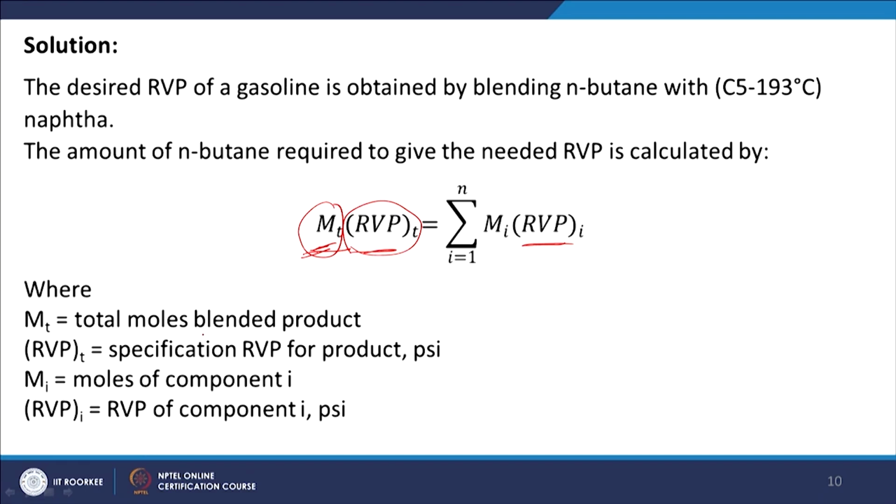So, this is the formula: MT is the total moles of blended products, RVPT is the specification RVP for products in PSI, Mi is the moles of component i, and RVPi is the RVP of component i.